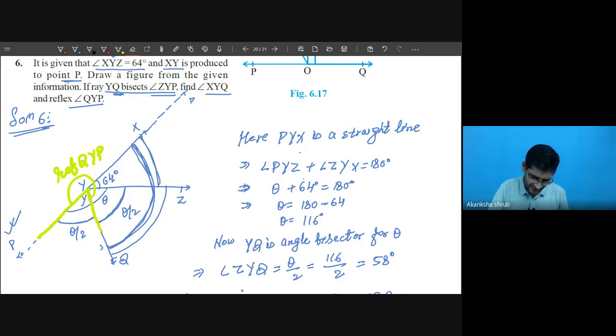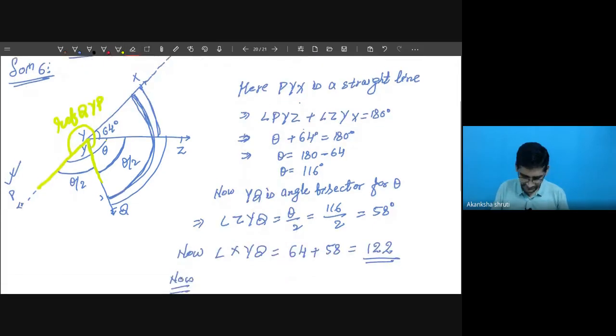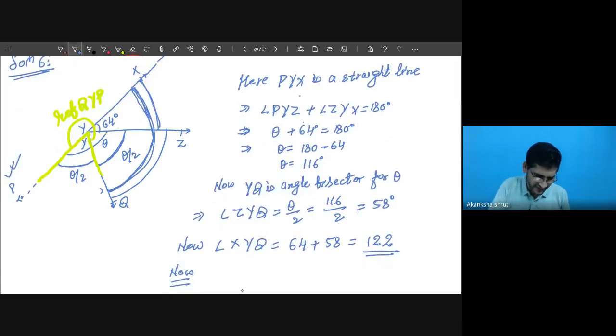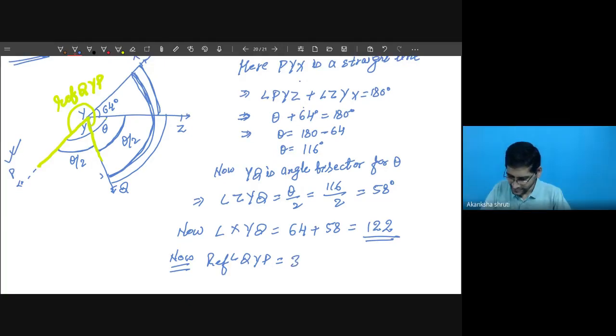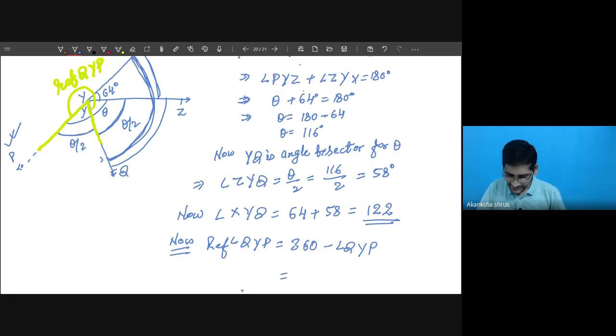Okay, students? So right. Now reflex of angle QYP. How is reflex calculated? 360 minus given angle. So 360 minus angle QYP. What is the angle QYP, student?